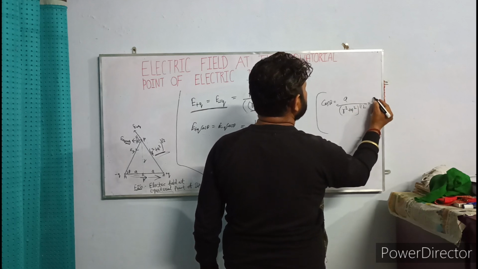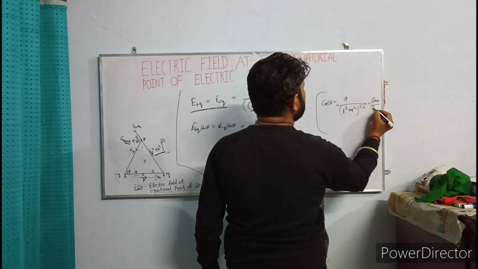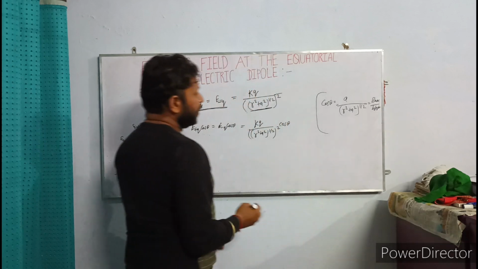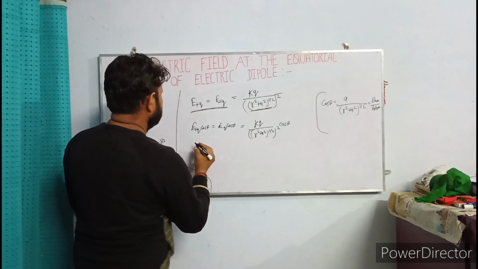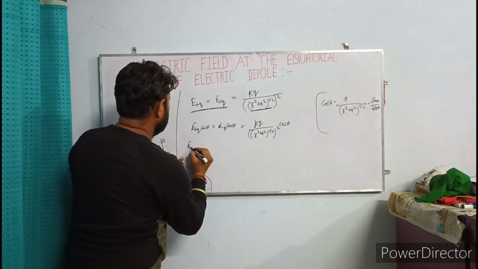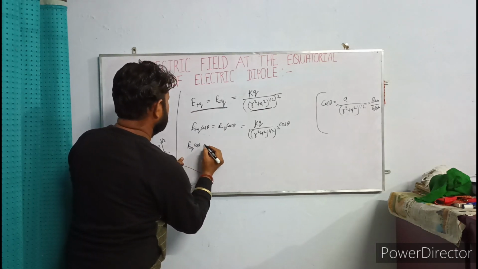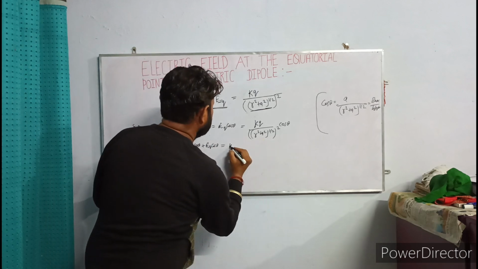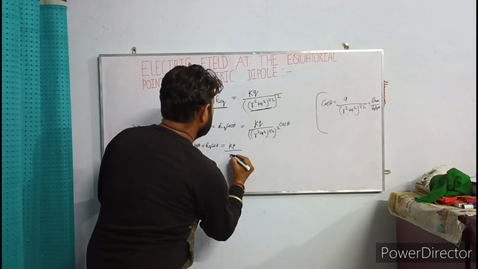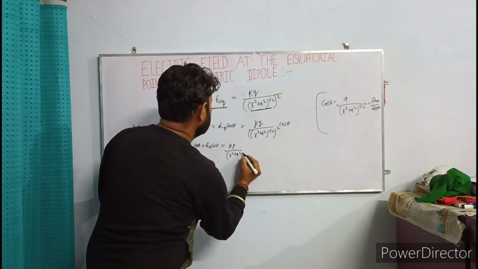So E plus q cos theta plus E minus q cos theta equals kp upon (r square plus a square) power 1 by 2.